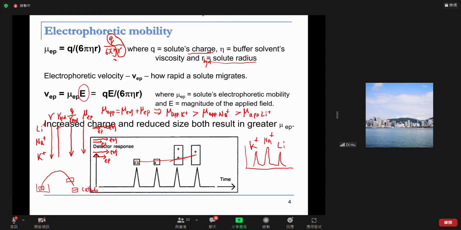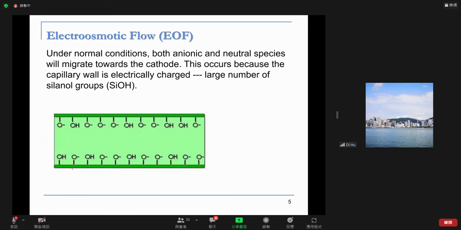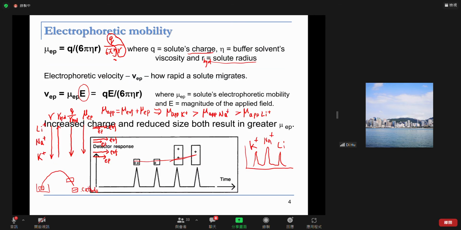Where do they come out? After. Very good. Why after? Because now they do not have this acceleration, because for the cations, the electrophoretic mobility is like pushing them to go to the end, right? Accelerating them to the end.